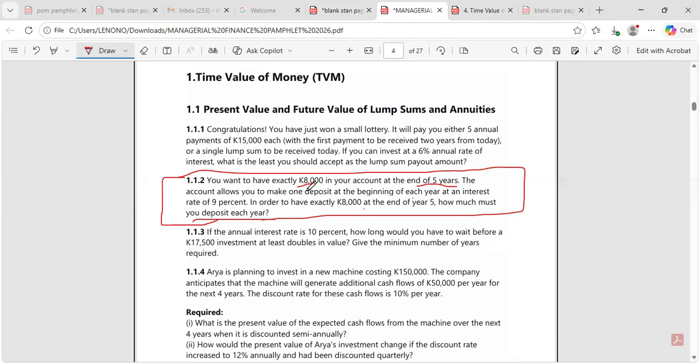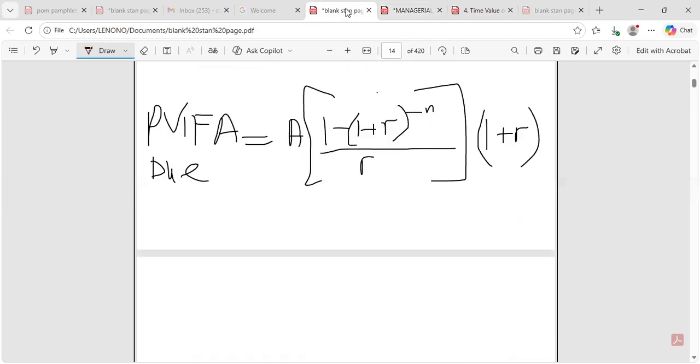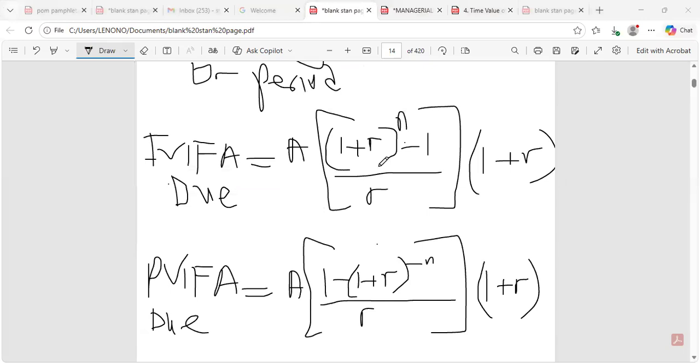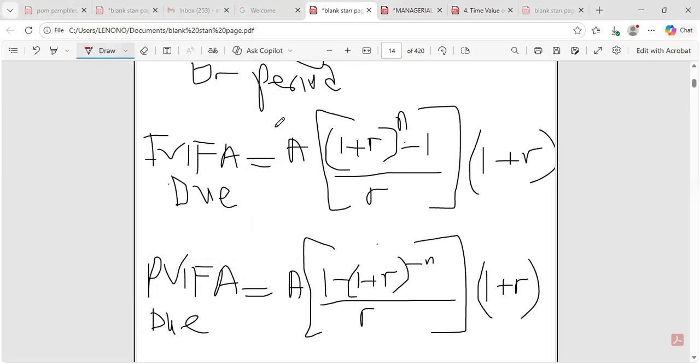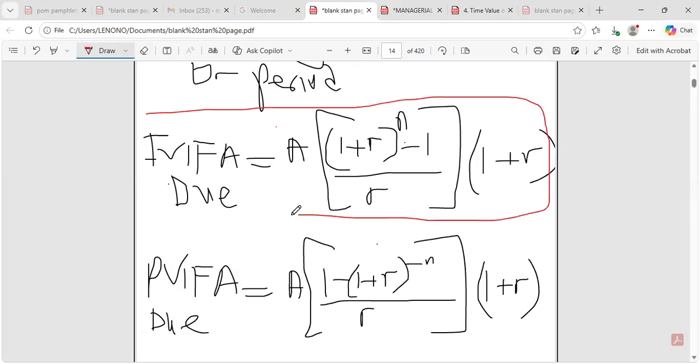So the future value is 8,000. So we're going to use the formula up here, this formula.